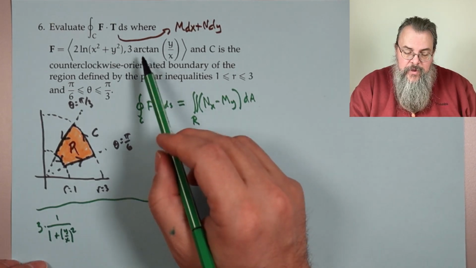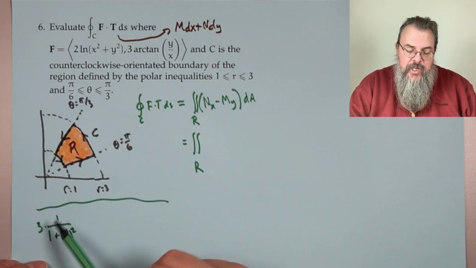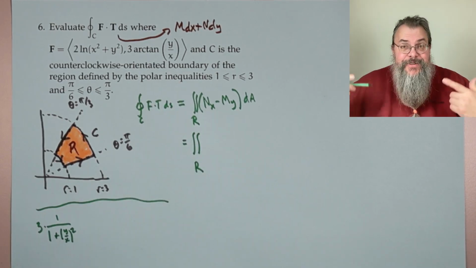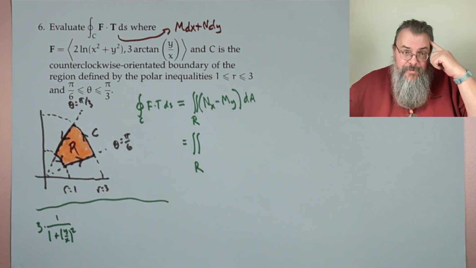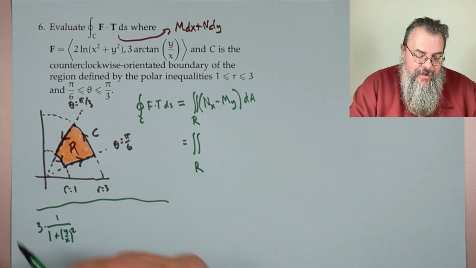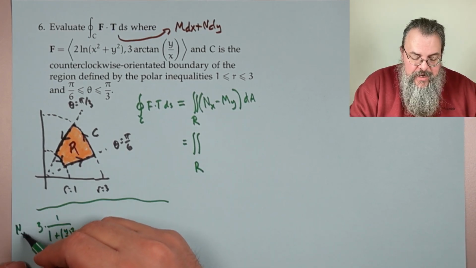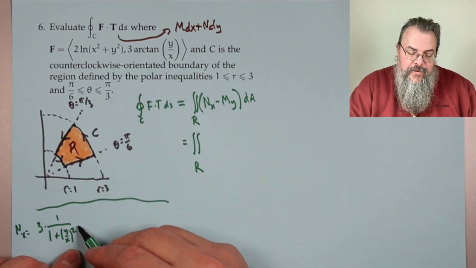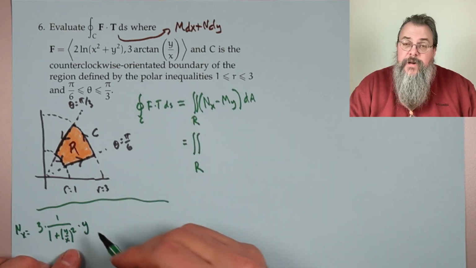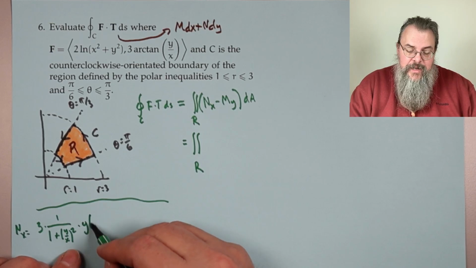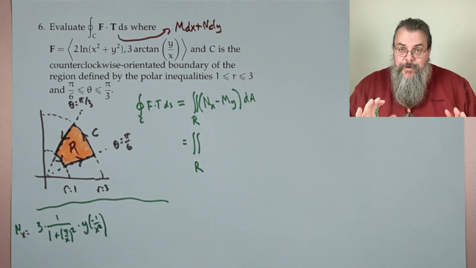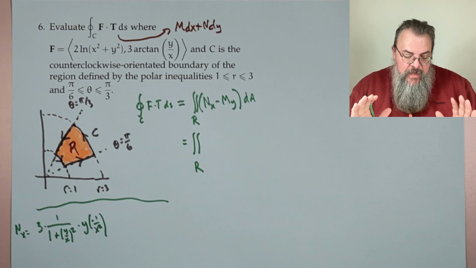The 3 just comes along, arctangent, 1 over 1 plus the inside squared. Chain rule that, derivative of the inside. Now you have to remember, what derivative are we talking about? We're talking about the derivative with respect to x. So y is like a constant, so there's going to be a y. And then what's the derivative of 1 over x? Negative 1 over x squared.